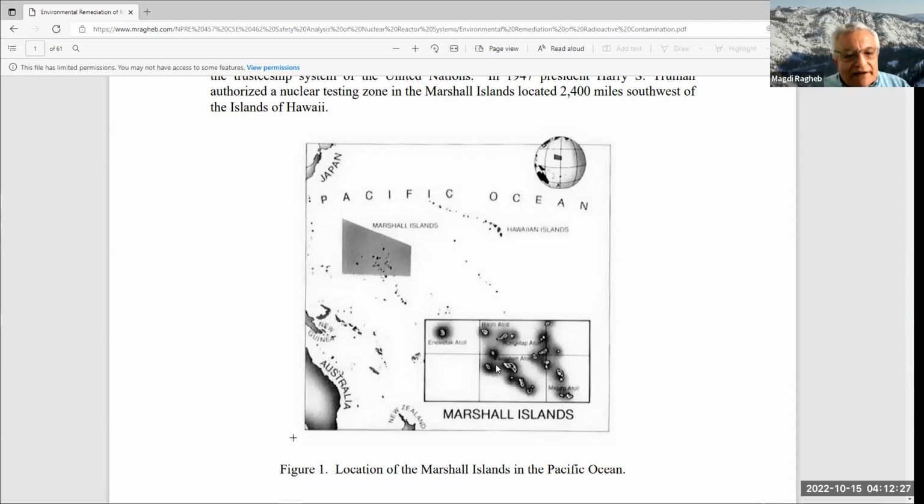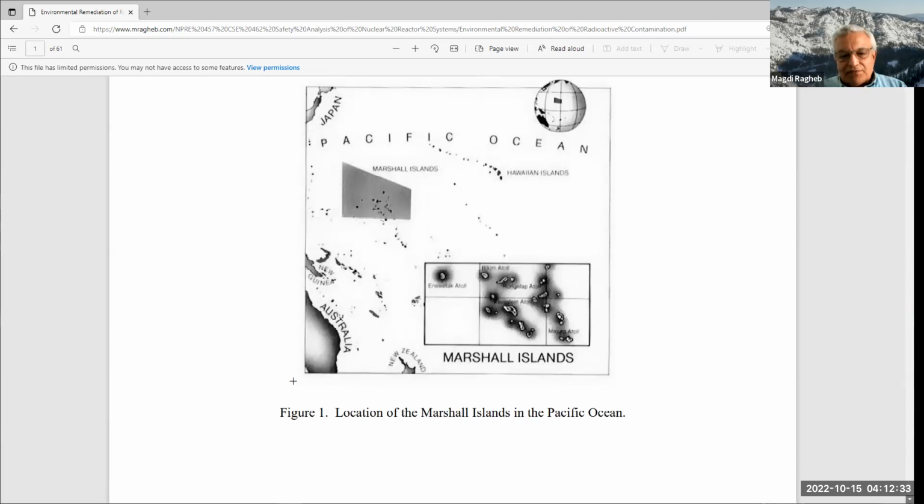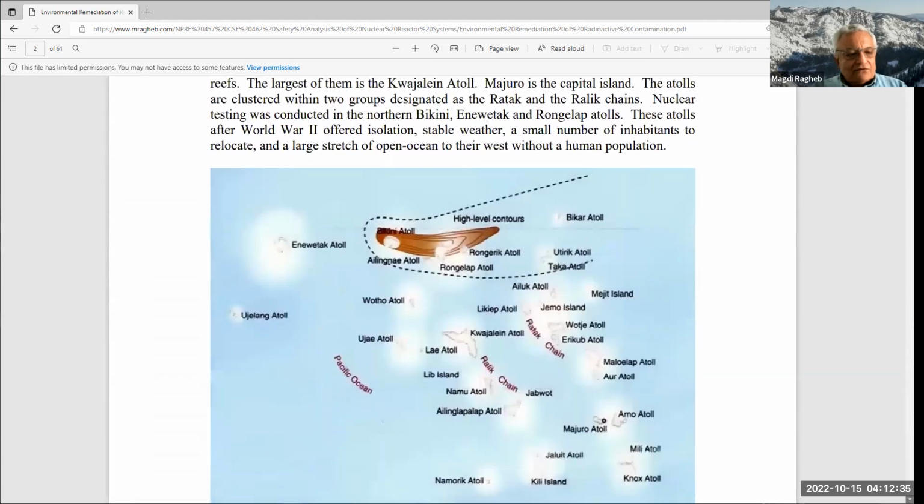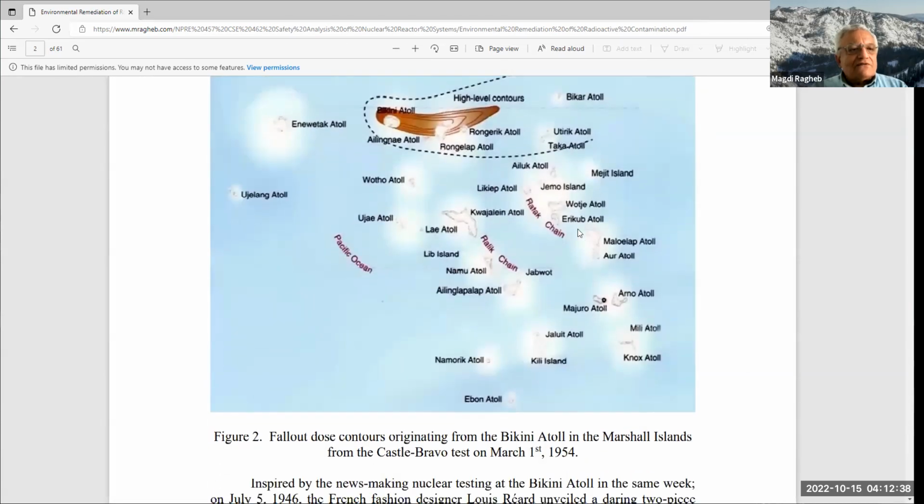Some of those islands are islands and some of them are atolls, and we'll see what happened in that testing in those islands. You could see here that some of the islands take the shape of a ring, and in that case it's named an atoll.